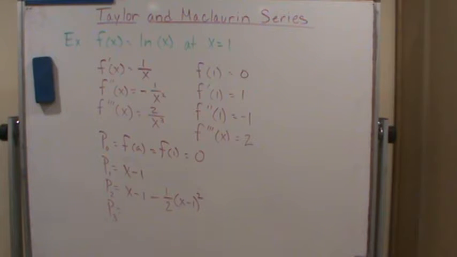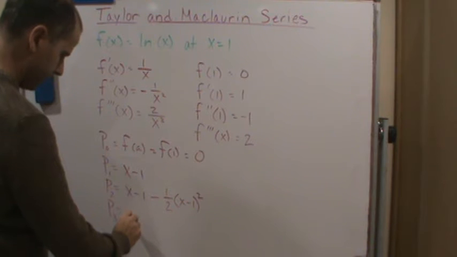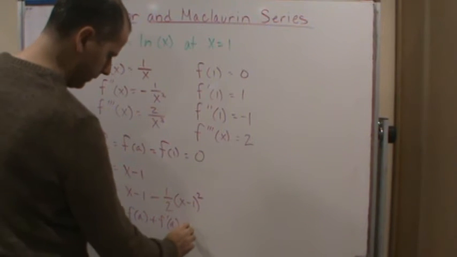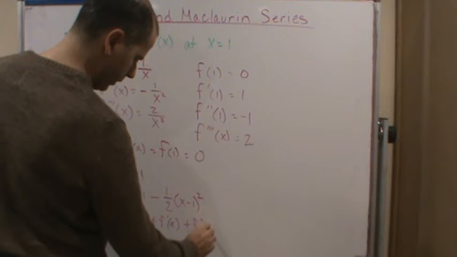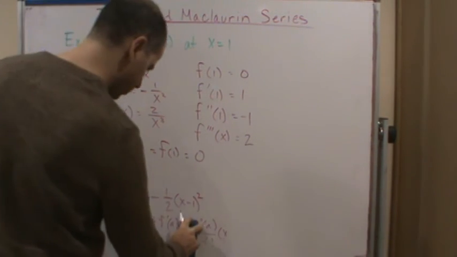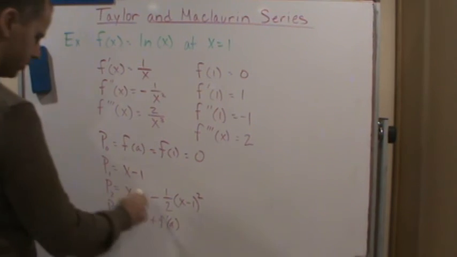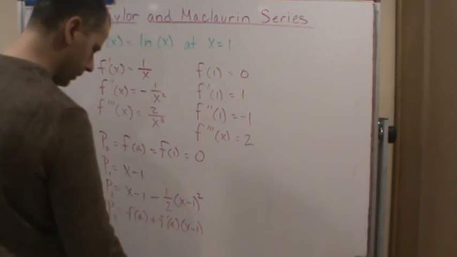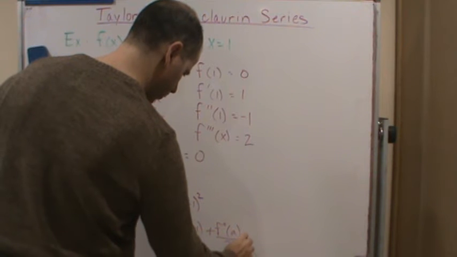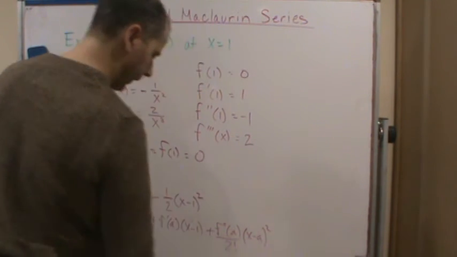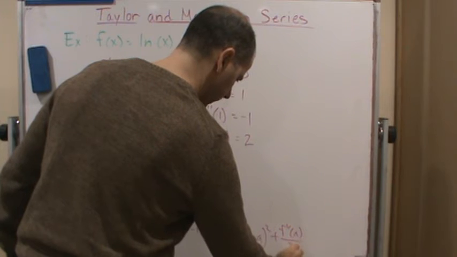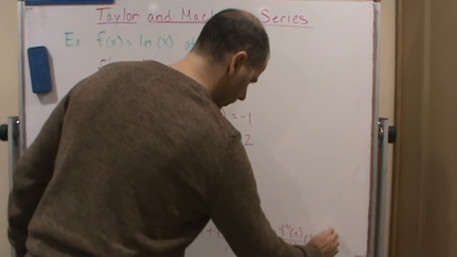Okay, and now if we do the third one, again, this is just going to be f of a plus f prime of a times x minus 1 here, and then plus f double prime of a divided by 2 factorial times x minus a squared, and then plus f triple prime of a over 3 factorial times x minus a to the third power.